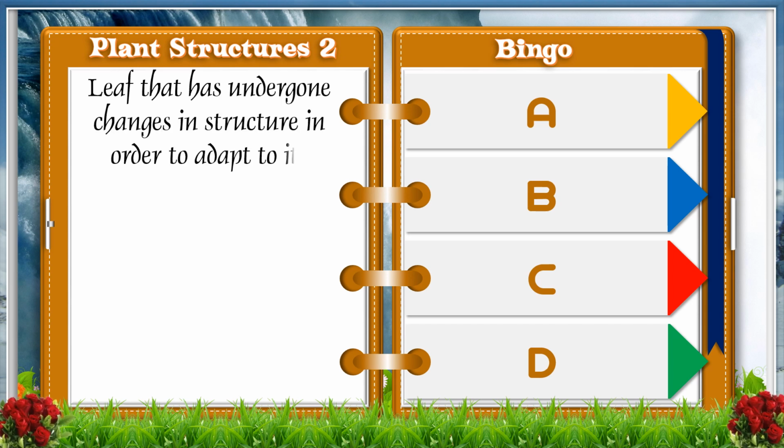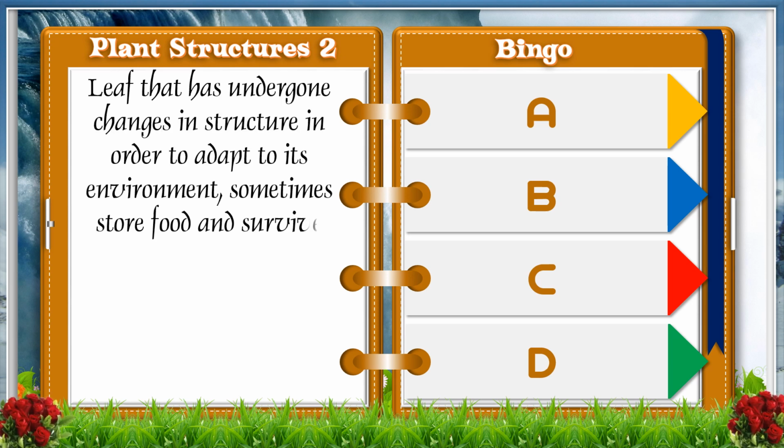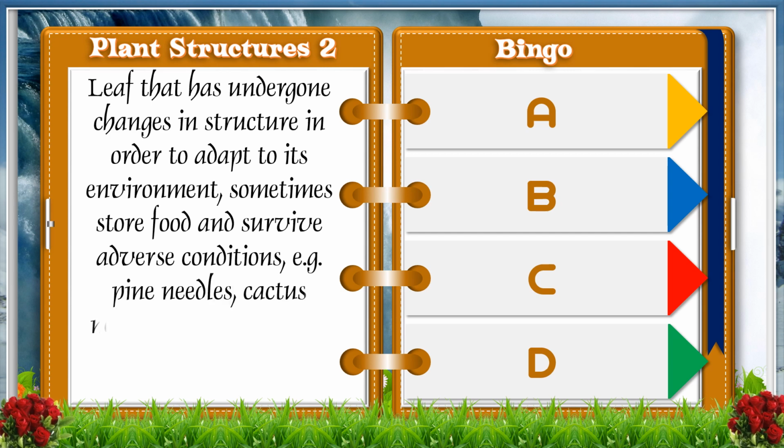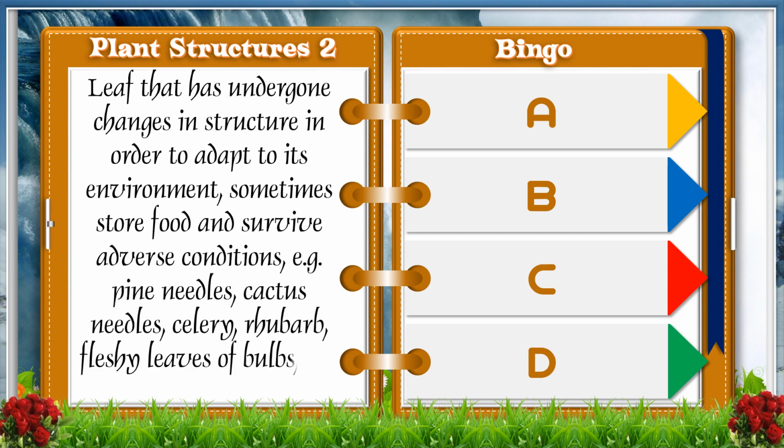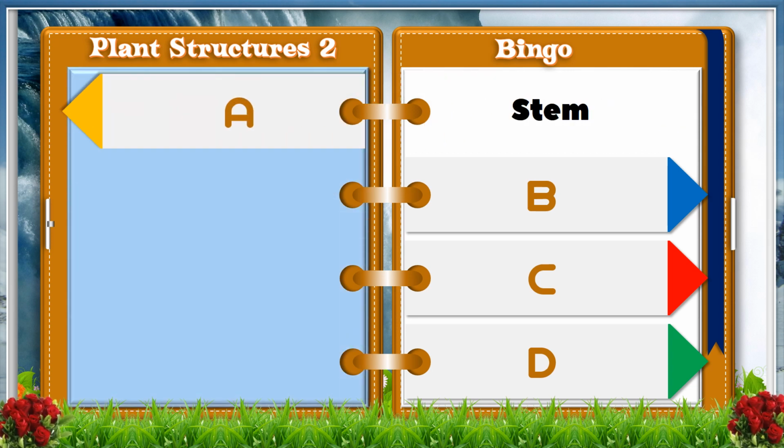Leaf that has undergone changes in structure in order to adapt to its environment. Sometimes store food and survive adverse conditions. For example, pine needles, cactus needles, cherry rhubarb, fleshy leaves of bulbs, etc. A. Stem.